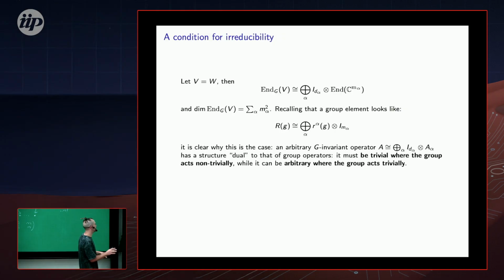If in particular the two modules are the same, so we're looking at linear operators on V.